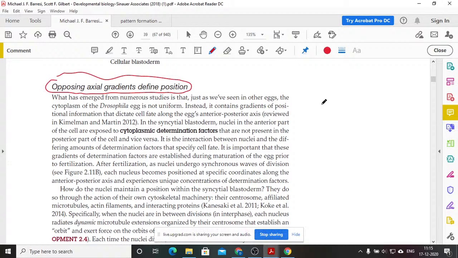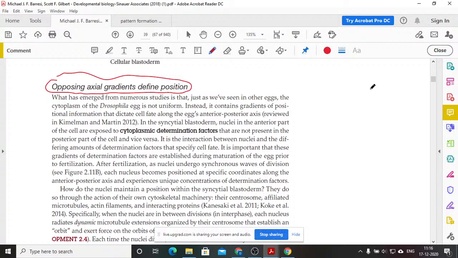Some region of the egg has it much higher, some may have it lower. Instead, the cell contains a gradient of positional information that dictates cell fate along the egg's anterior to posterior axis. This will be clearer when I show the figure.